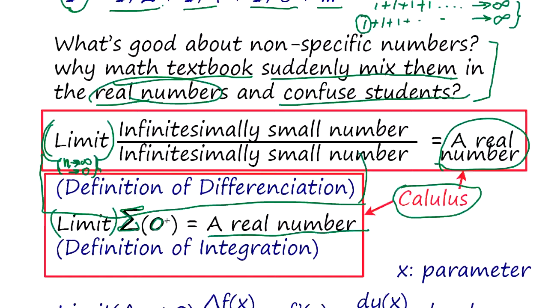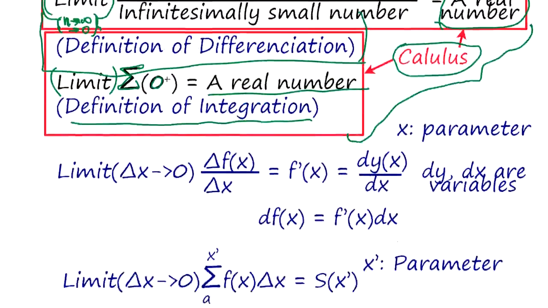So this is the definition of integration. The core concept of calculus is all about this ratio of infinitesimally small numbers, or the summation of infinitesimal numbers an infinite number of times. That's what it is.